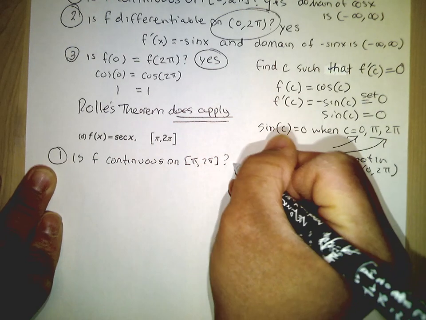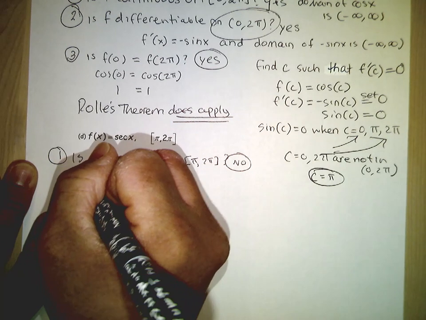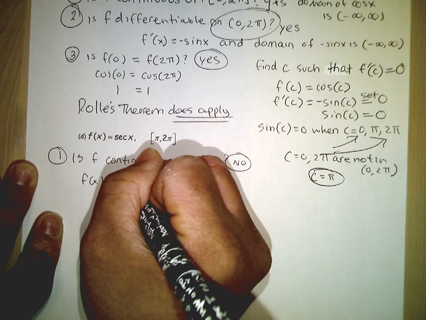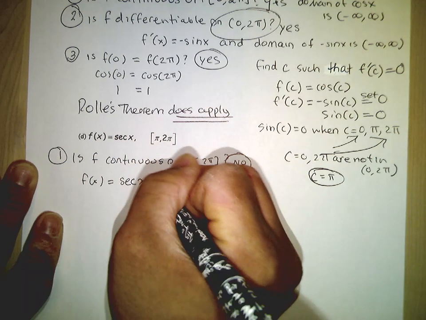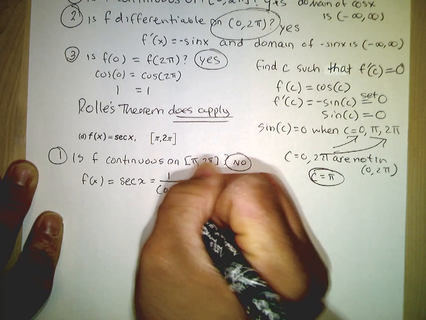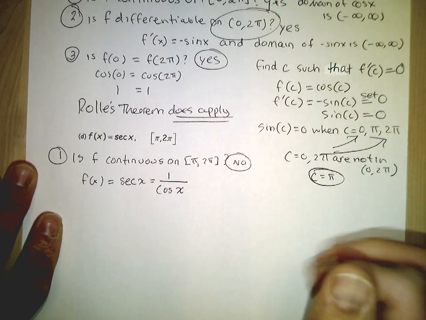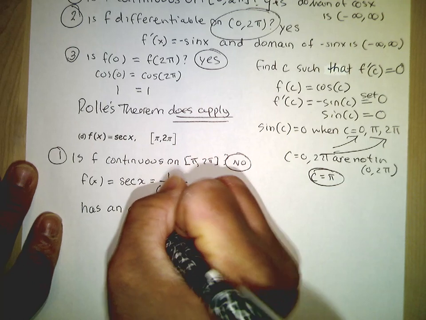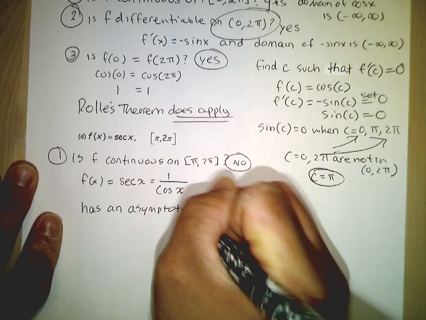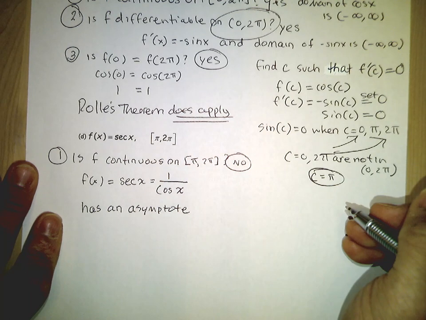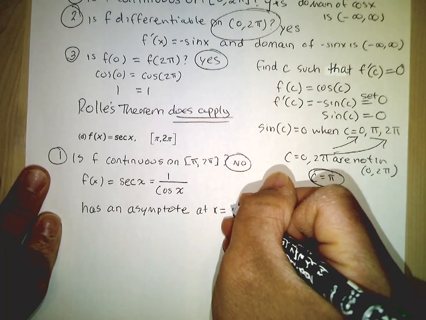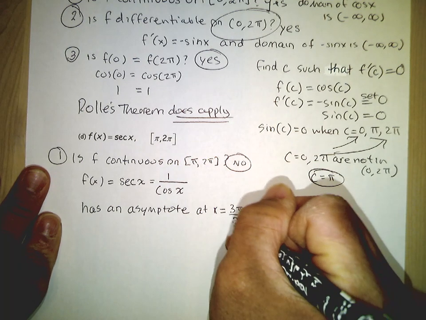And the answer would be no, because f of x equals secant of x, or 1 over cosine of x, has an asymptote, specifically a vertical asymptote at x equals 3 pi over 2.